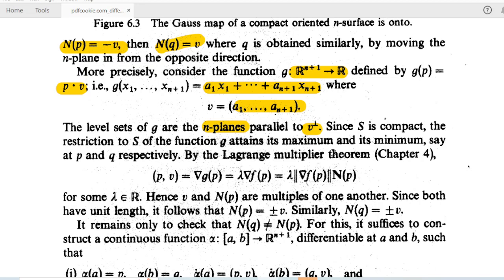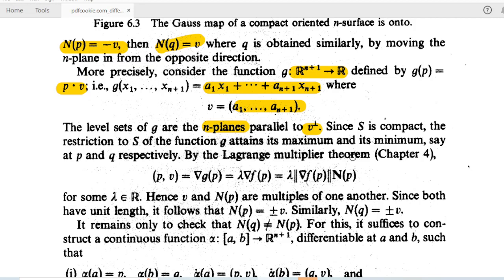Since S is compact, the restriction to S of the function g attains its maximum and minimum. This is something we know: if a set is a compact set, then a continuous function on it attains its maximum and its minimum.